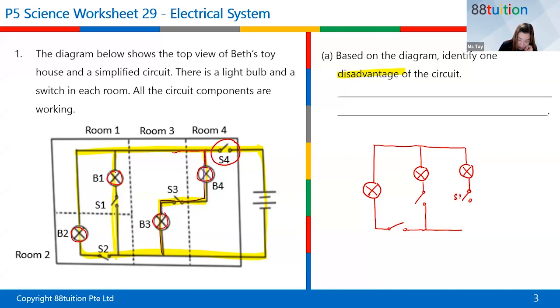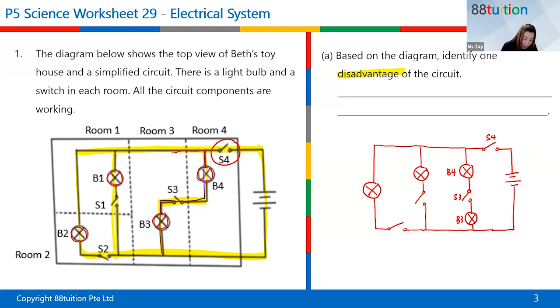So this is S3, B4, okay? And then this is B3. And then there's S4 here. Can you see this? Are you able to see that they are the same?